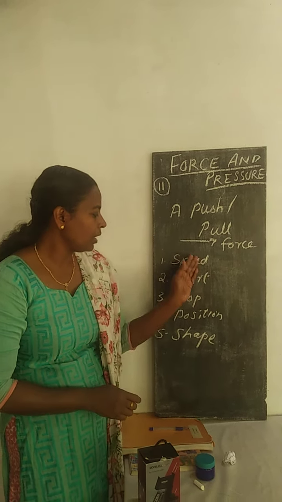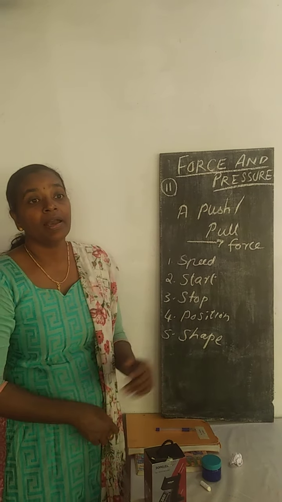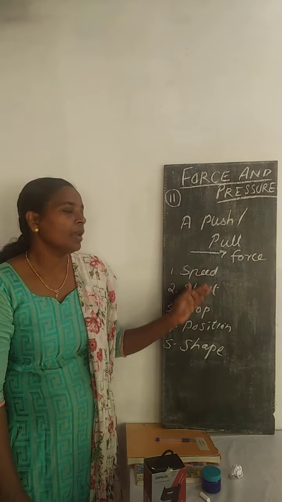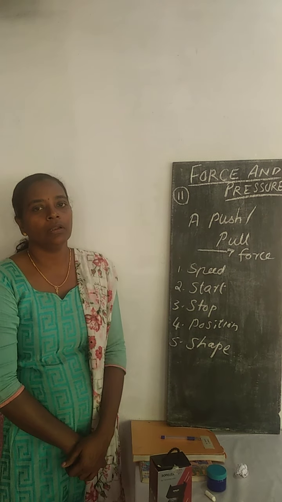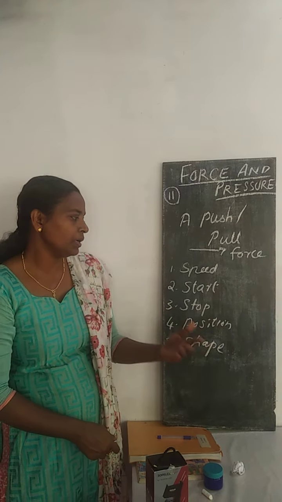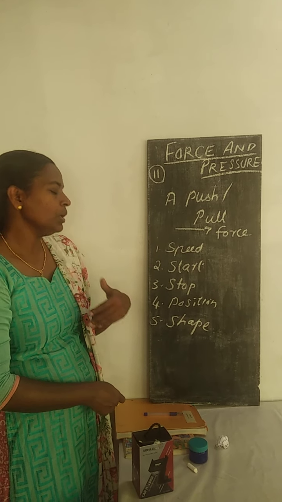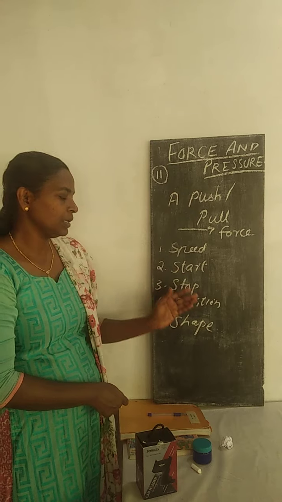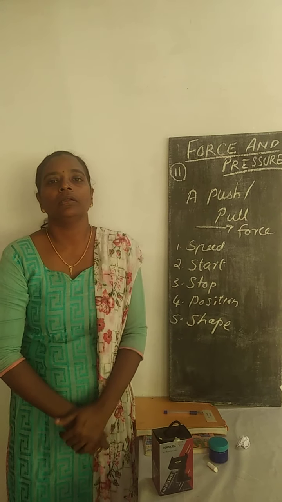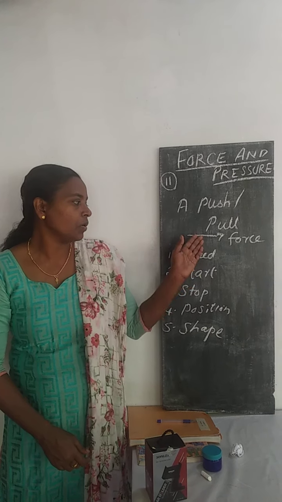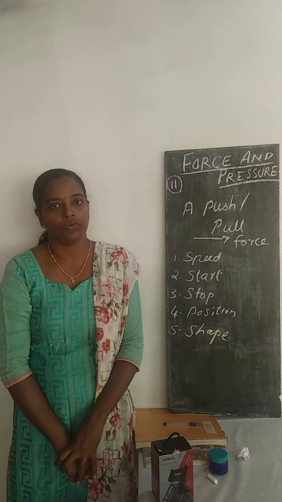So there are 5 different effects. Effects means these are the results when a force is applied on an object. It may change the speed, it may make the object move, it may stop the moving object, it can change the position, and it can change the shape of an object. So these are called the different effects of a force.